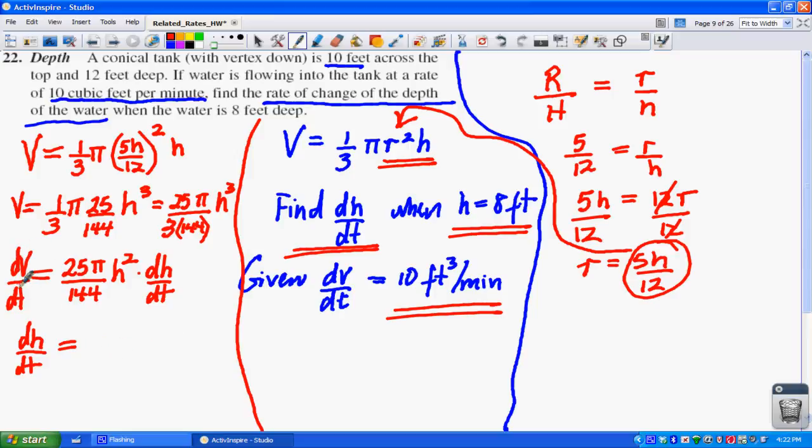So I should have 10 on this side, and then end up dividing 10 by all of this. So I'm going to have 10 for dV dt, divided by all of this right here, 25 pi over 144.